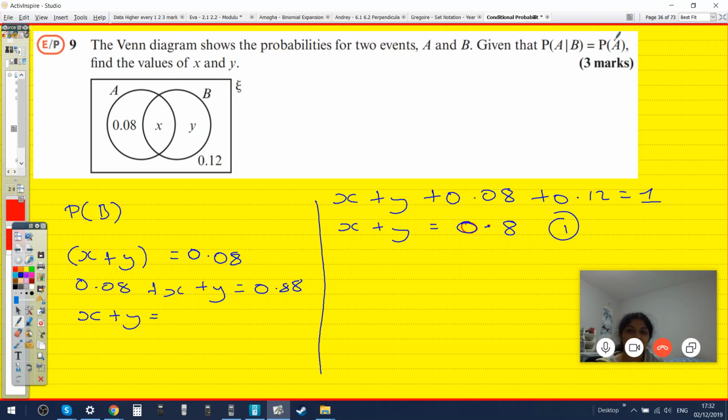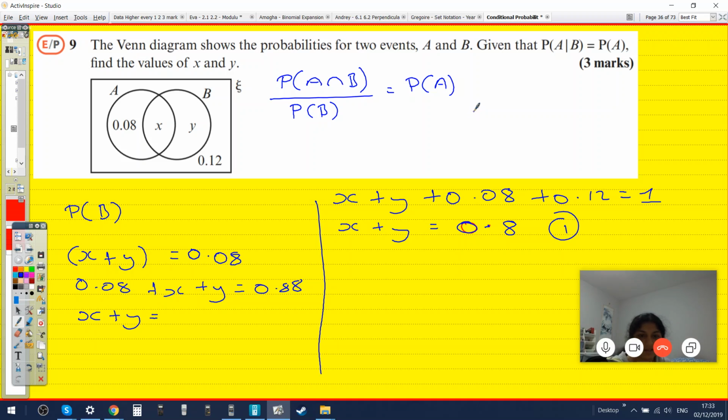I did it a different way, but doesn't that mean they're independent if A given B is equal to P of A? Because you can just use the conditional probability formula. That's what I did. So what formula did you use? I did P of A intersection B over P of B is equal to P of A. And what values did you sub in here?